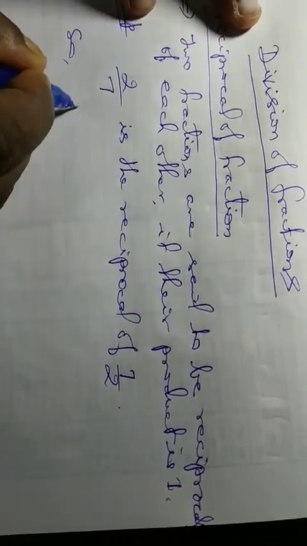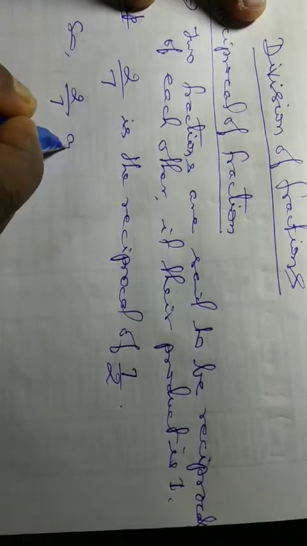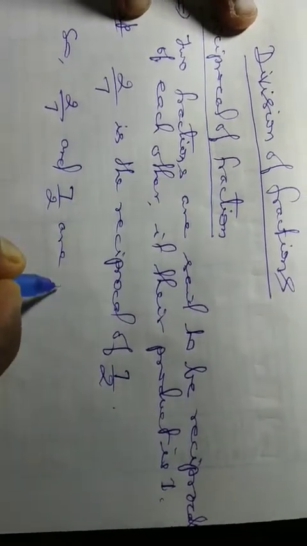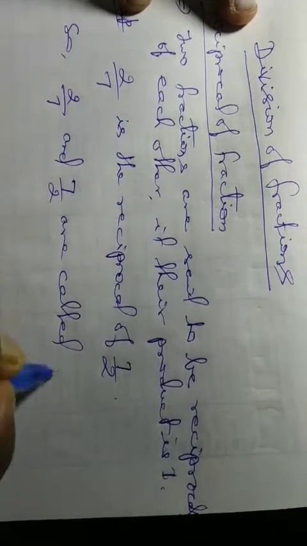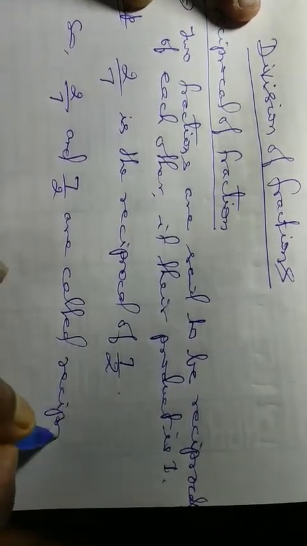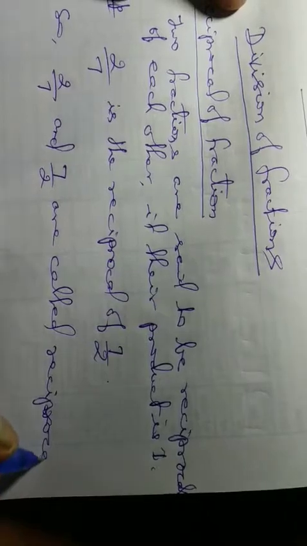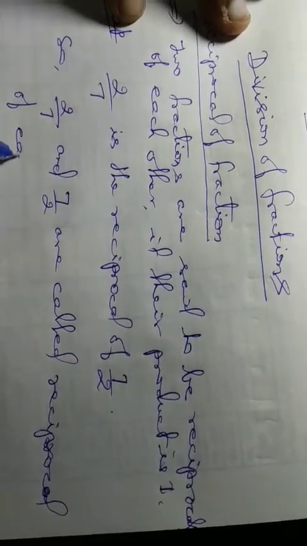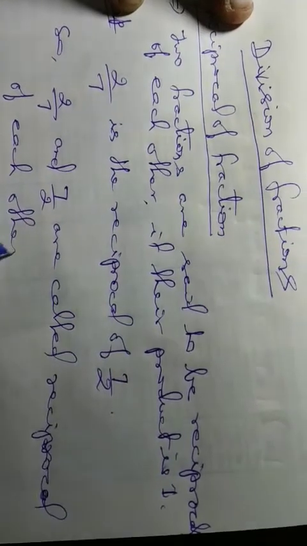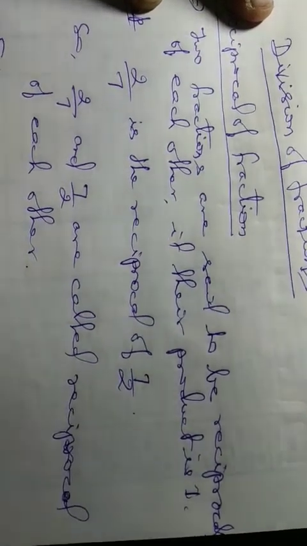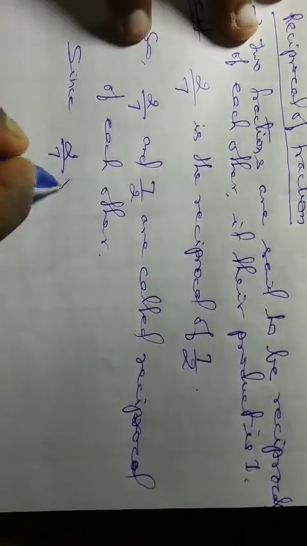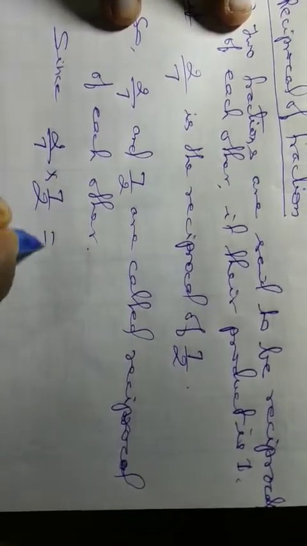So 2 by 7 and 7 by 2 are called reciprocal of each other, since their product is 1.